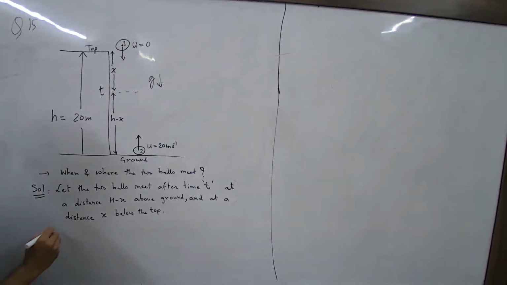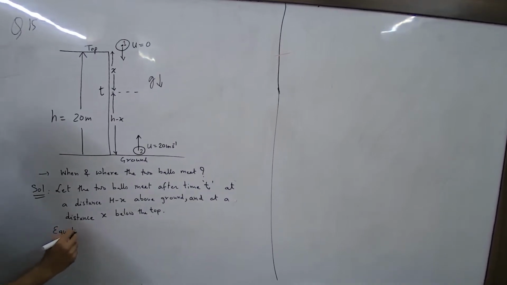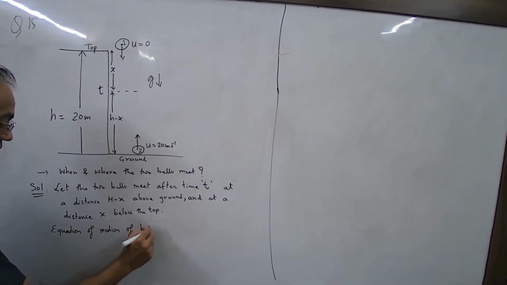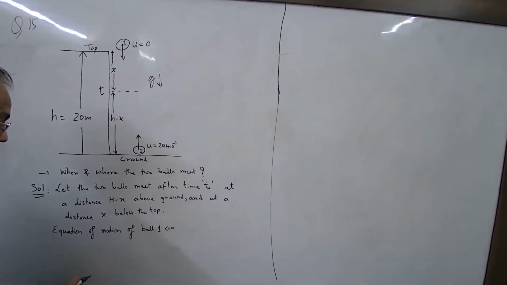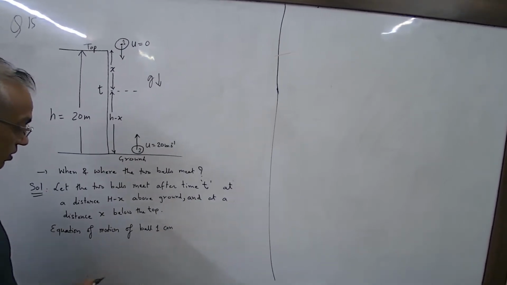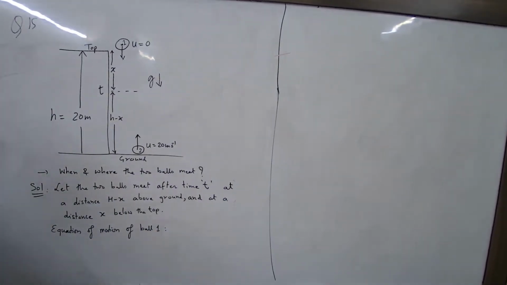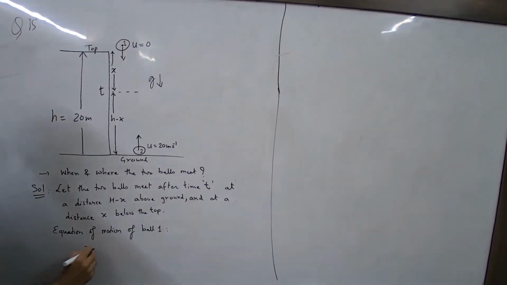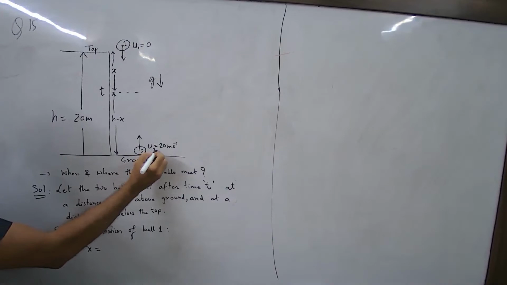So the equation of motion of ball 1 can be written as: क्या होगा? By using the second equation of motion, what is the vertical displacement? Let's call this U1, and we call this U2.